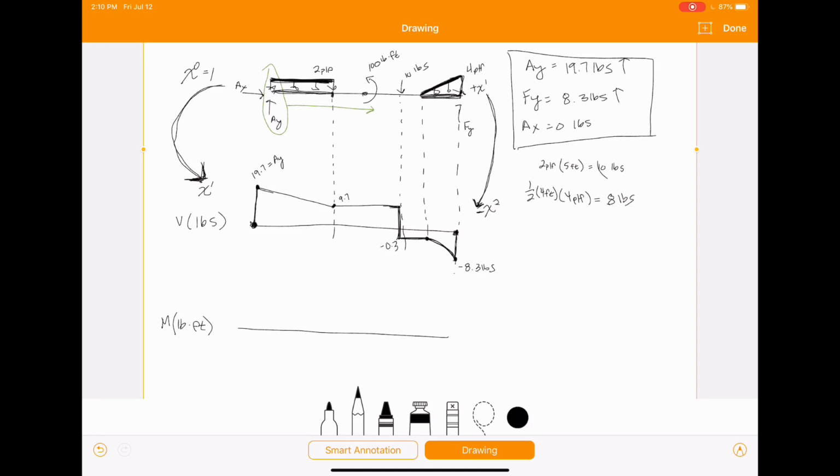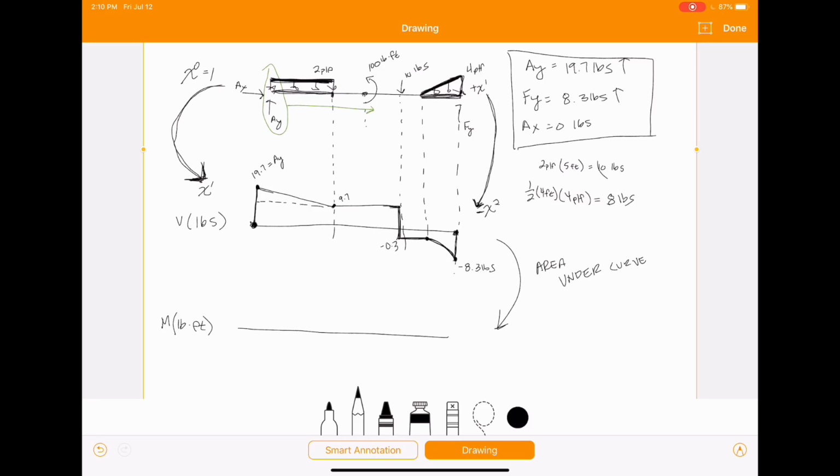So to get from shear to moment, we're just going to take the area under the curve of the shear to get to the moment. All right, so I'm just going to split these up into different sections.